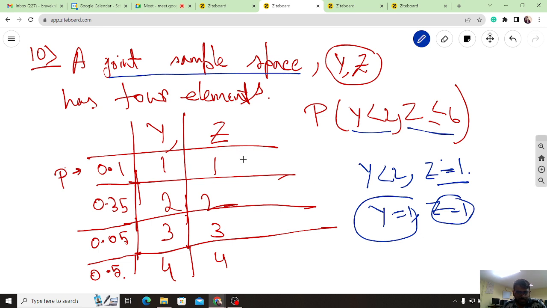So the only possible sample space of this is this sample space, because there is no equal to sign. So the probability will be 0.1.